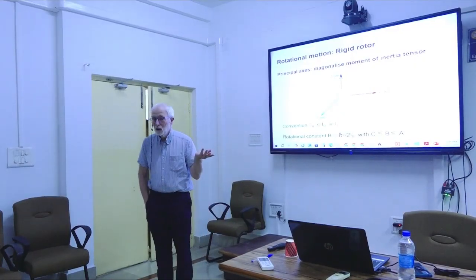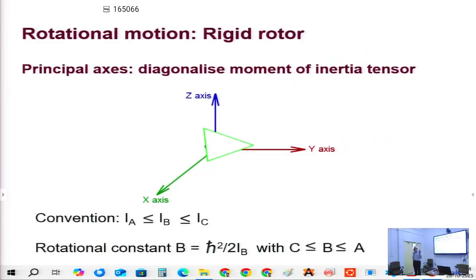Take the moments of inertia, diagonalize it, and get your principal axes. But even that is not particularly difficult, particularly today. I'm sure there are computer programs that will do it for you in seconds. So basically you want 3 axes. And there's a convention that you label the moments of inertia of the 3 axes, A, B, and C, capital letters. And the A-axis is the one with the smallest moment of inertia.